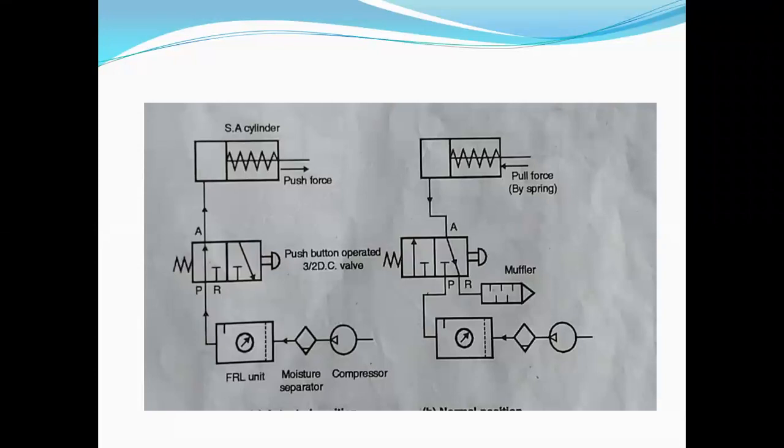Okay, as you can see in the figure, either the first or second, if the same system is connected with the hydraulic system, then we have to install a separate return line, which recirculates the used oil to the tank. But in this case, air is freely available, so we can compress it whenever we want.